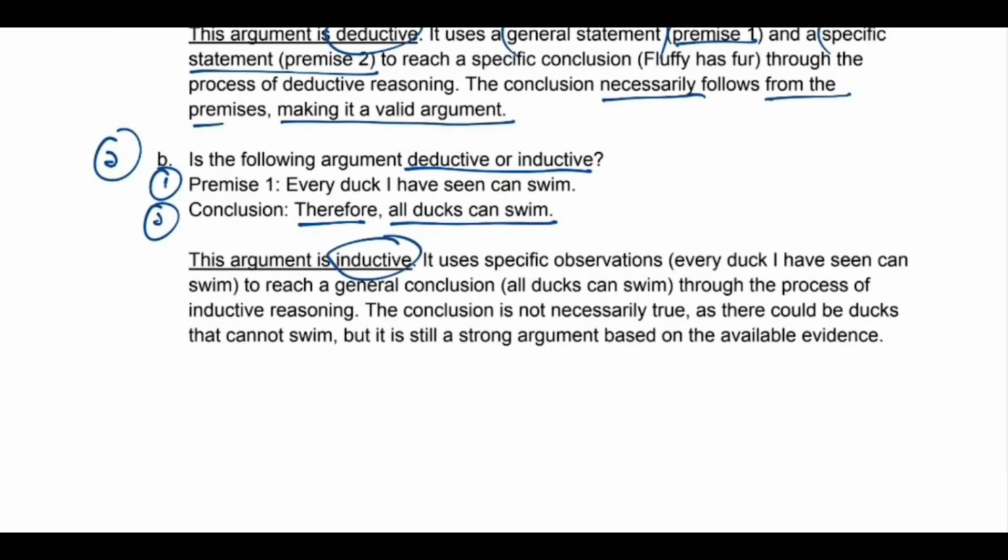It uses a specific observation, every duck I have seen can swim, to reach a general conclusion that all ducks can swim, through the process of inductive reasoning. The conclusion is not necessarily true, as there could be ducks that cannot swim, but it's still a strong argument based on available evidence.